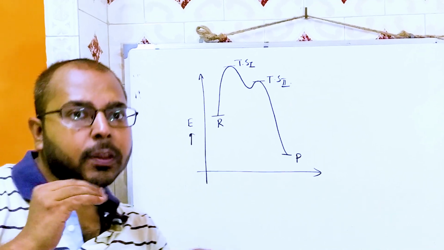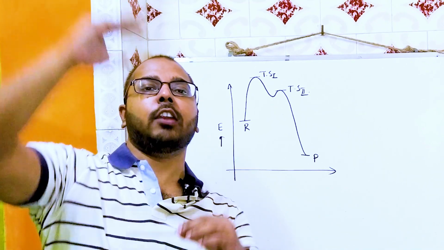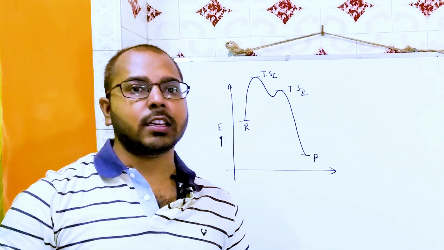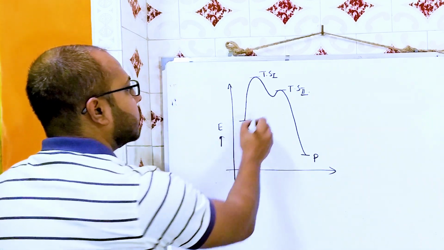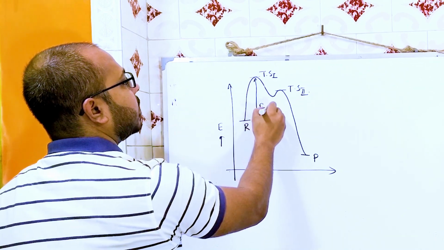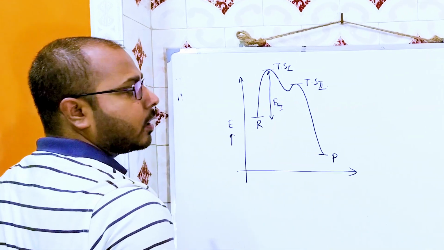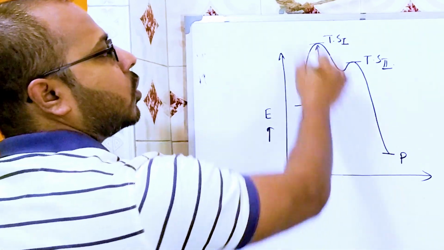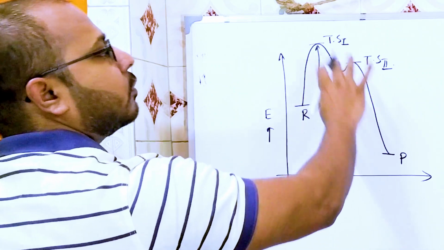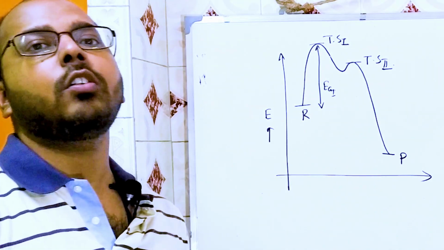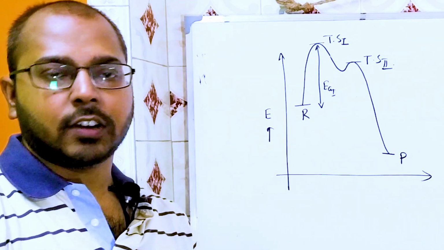So for the slowest step, the value of activation energy is higher, from the Arrhenius concept in chemical kinetics. So this is Ea1, that is for the first step, and that is the slowest step. This is the fastest. So for the second step the activation energy will be lower, therefore it will occur in a faster manner.